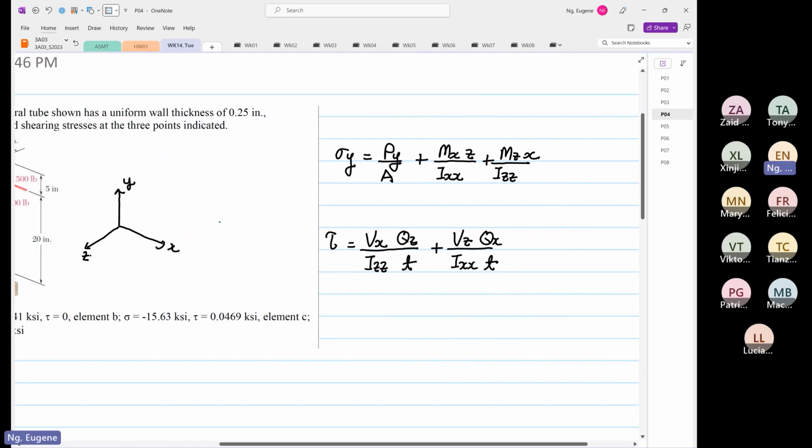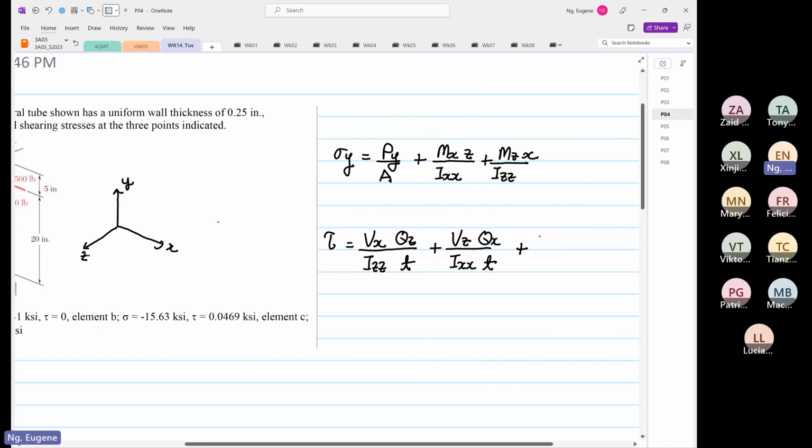There's another one, which is plus the torque in the x direction, divided by J multiplied by C.